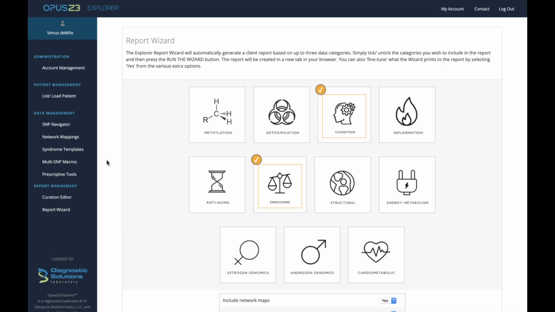Before anybody goes into this program and tries to make any conclusions or dig into anything, the one thing that I certainly emphasize to all practitioners, and even to patients who are getting the report, is that this information is all within the context of your personal medical history, past medical history, and family history.